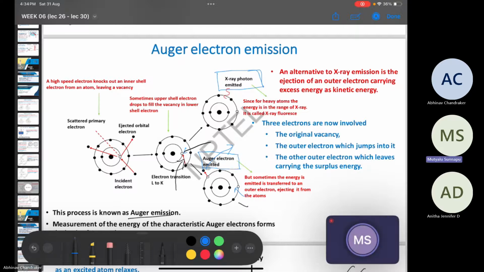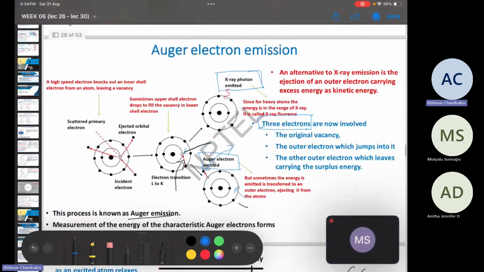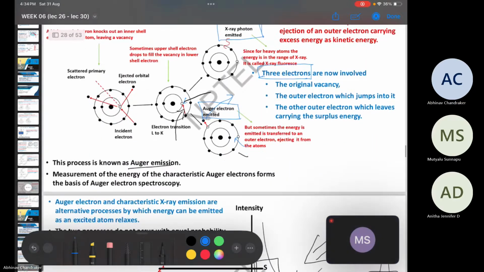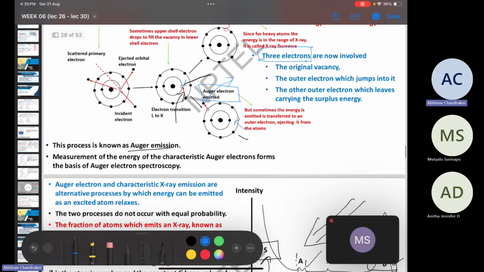So here three electrons are involved. In case of characteristic X-ray generation, two electrons are involved. So this is just an alternate phenomenon which can occur, and these have very low energies, and this is also very rare, so they can only escape from very close to the surface, and they can be used to get some extra information about your specimen.